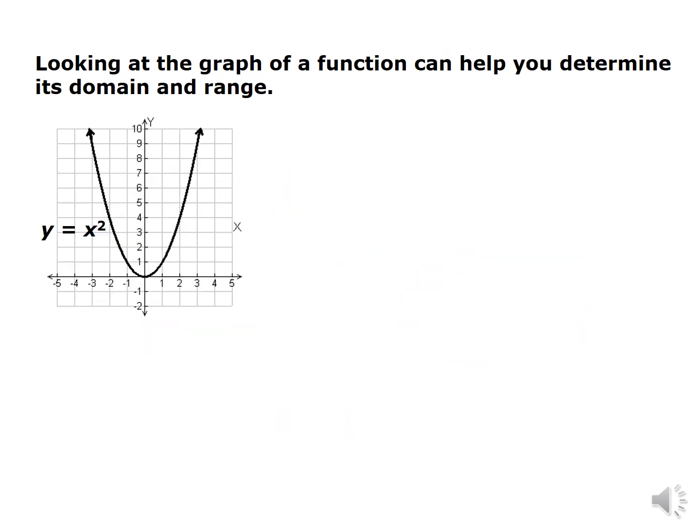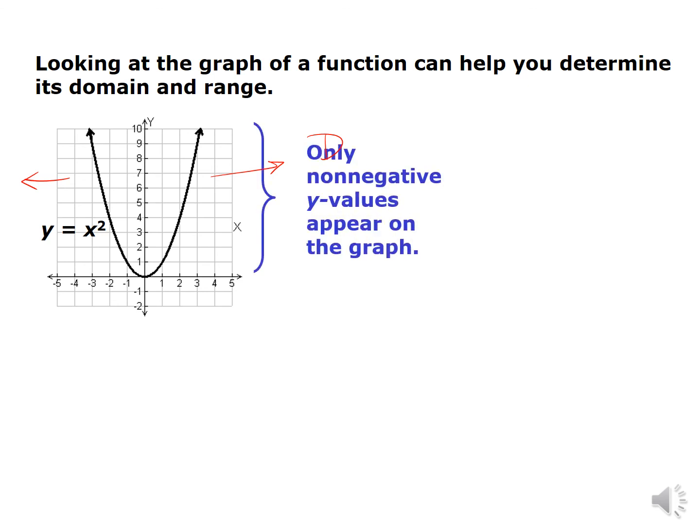All right, so looking at this one, I can see that this is going on forever for all the x values. So my domain is going to be all real numbers. But what about my range? Check that out. Look at the graph. Only non-negative y values appear on the graph.